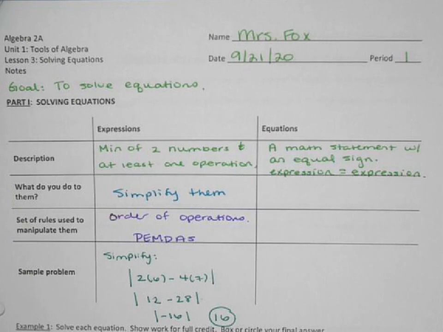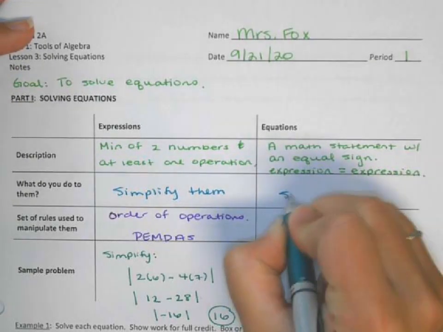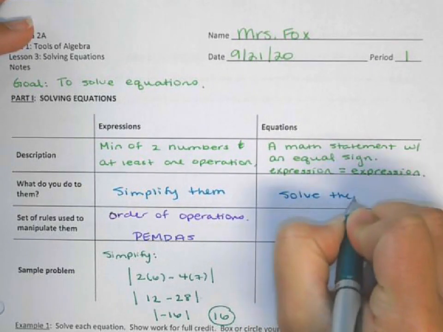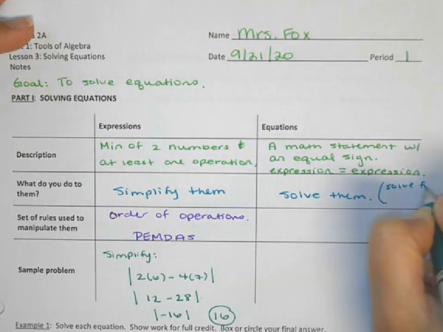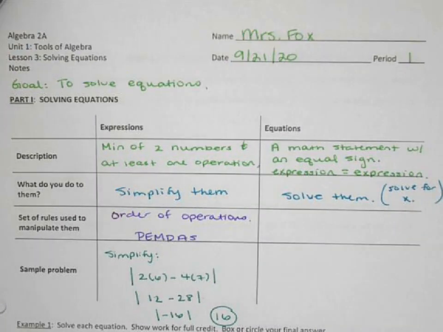And what are we asked to do with equations? We are asked to solve them. And typically it will say like solve for x or solve for y, or it'll tell you which variable to solve for.